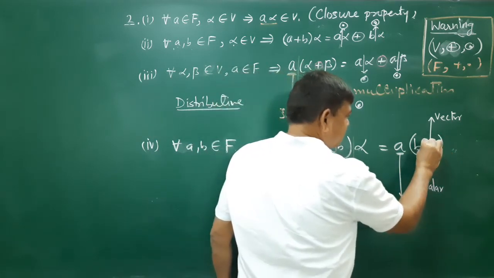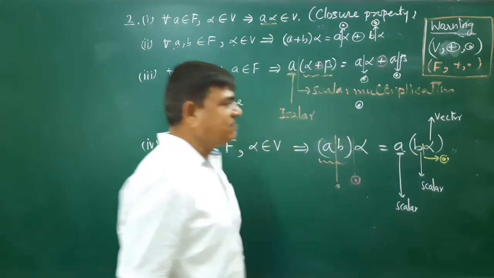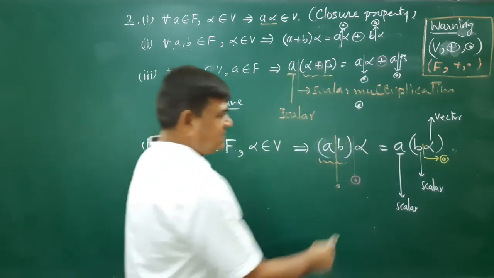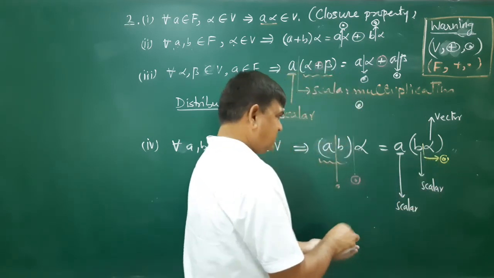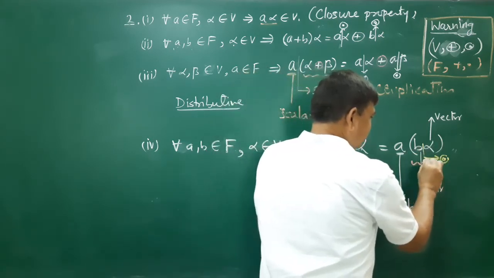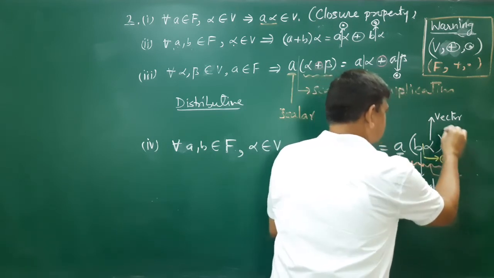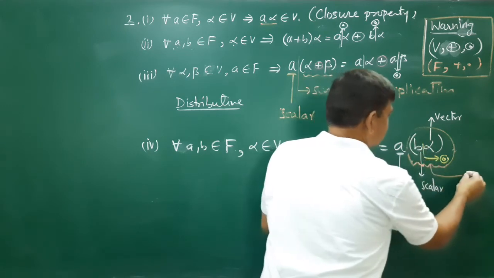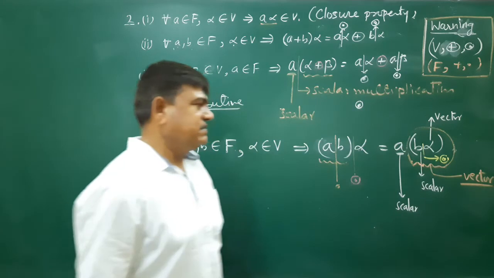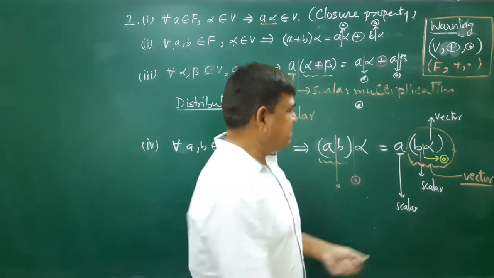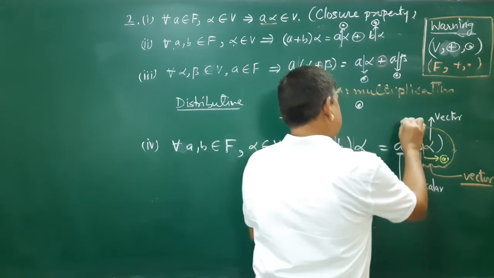So here the symbol is this one, scalar multiplication. This is a scalar and this complete one, when this is multiplied by this complete, the whole, this one is a vector. So this is a number, this is a vector. So here the symbol is C.